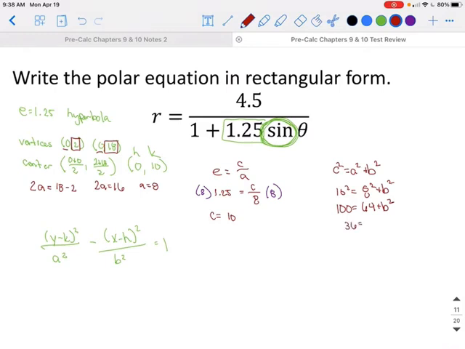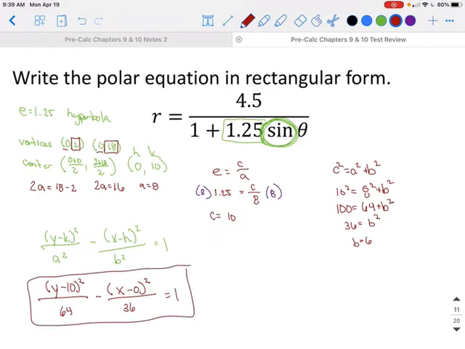If we take that 64 to the other side, we'll have 36, or b is equal to 6. So now we have all the pieces that we need. We're going to do y minus k squared over a squared minus x minus h squared all over b squared is equal to 1.